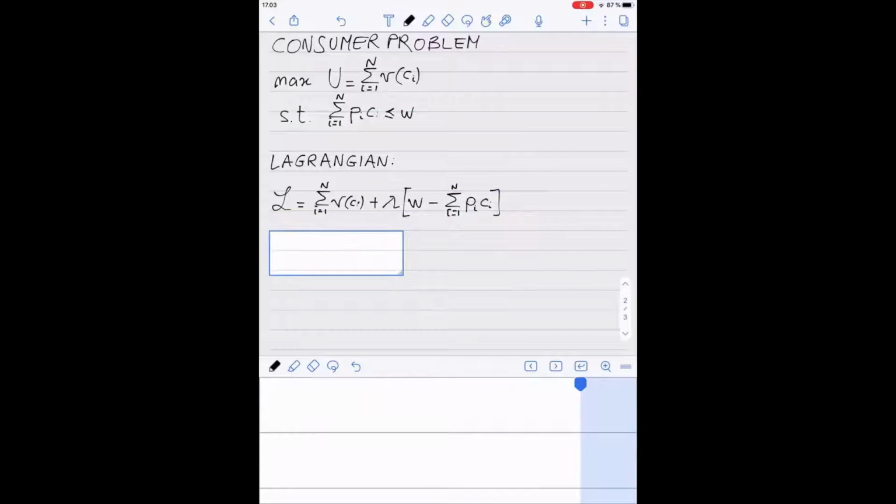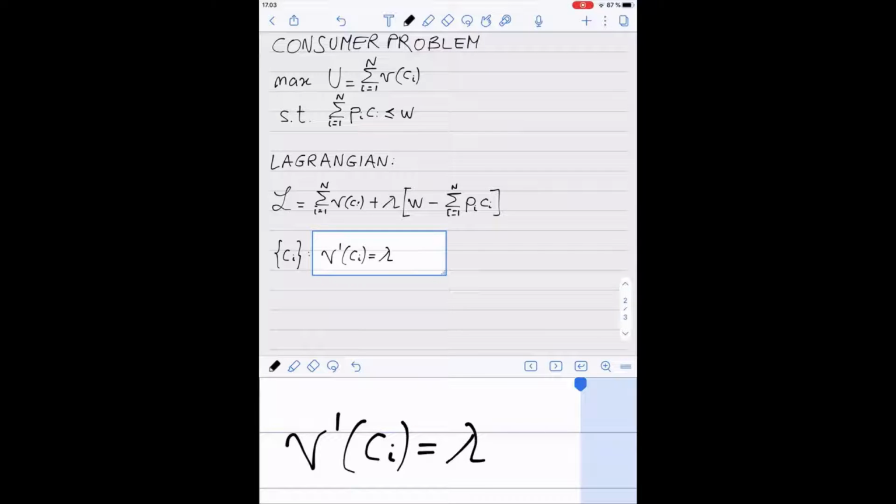So the first order condition with respect to c_i equals v prime of c_i, which equals lambda p_i.